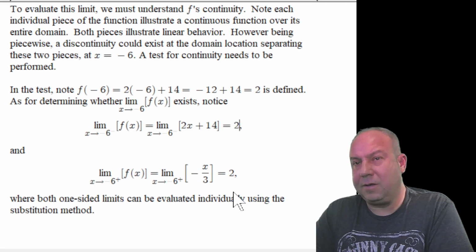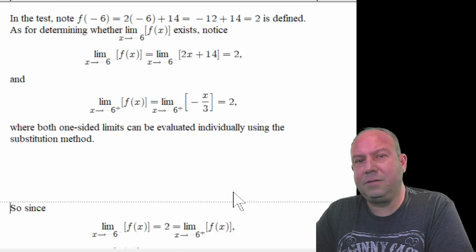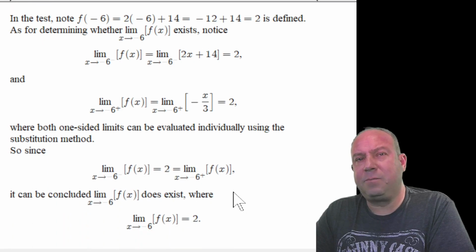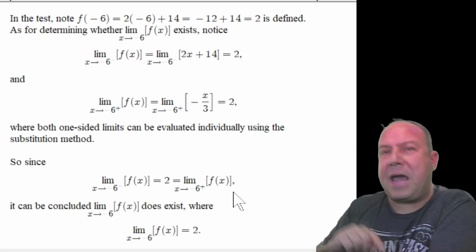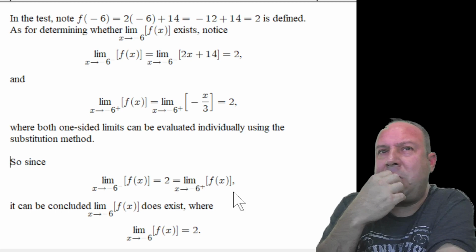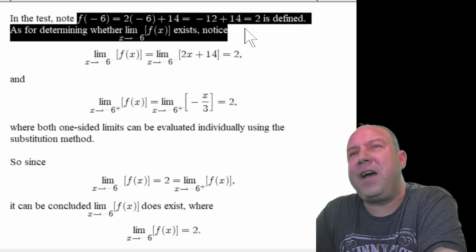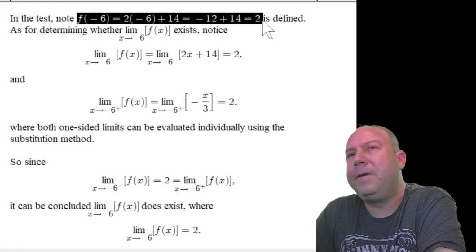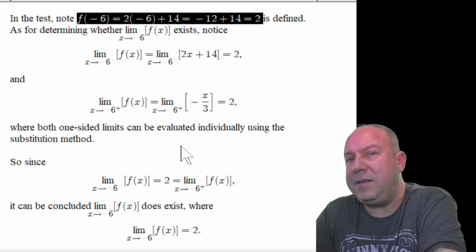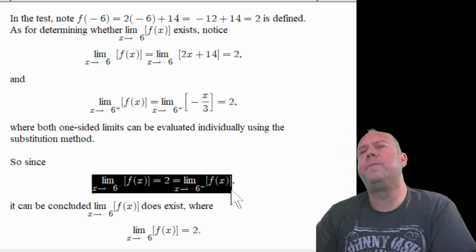So in the end here, since both those left and right-hand side limits pass criterion 1 in our test for continuity, what we can also notice here with respect to continuity is that f of -6 is defined at 2, and 2 is the value of our limit, because the left and right-hand sides are equal to each other.